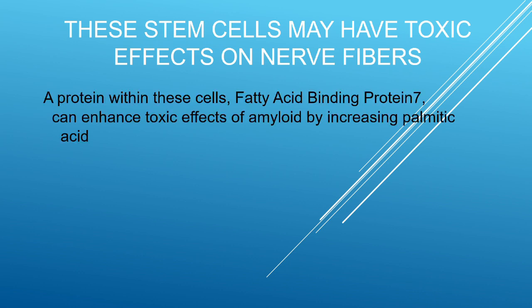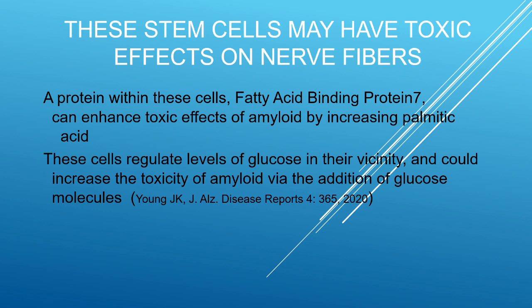These stem cells stain for a protein called fatty acid binding protein, and this protein can regulate amounts of a fatty acid called palmitic acid in the environment of the axons. Now, we know that palmitic acid can enhance toxic effects of amyloid, so perhaps the combination of amyloid and palmitic acid could be leading to the death of these axons.